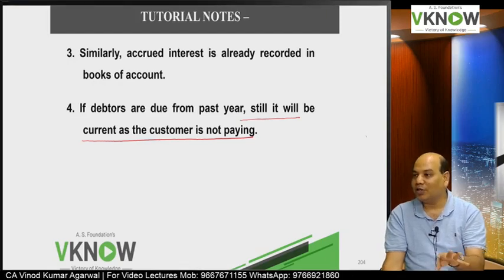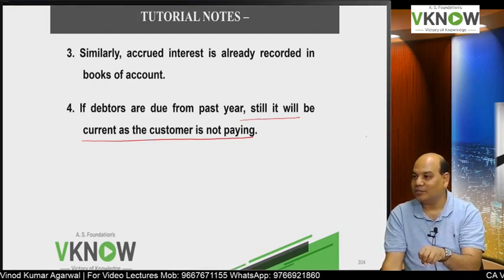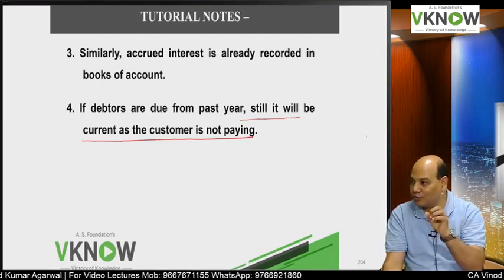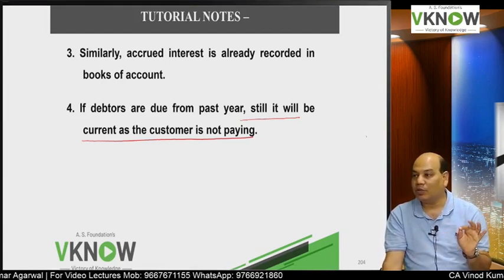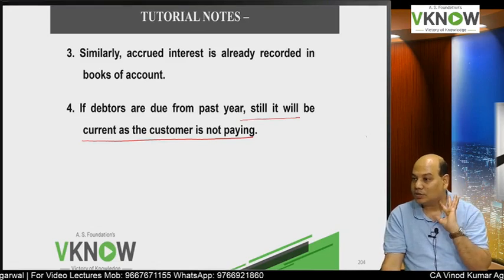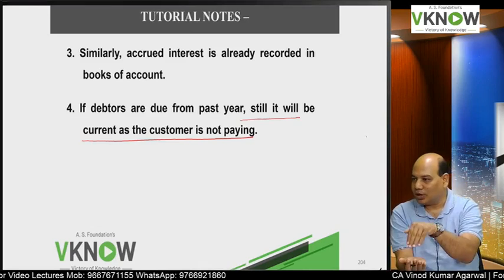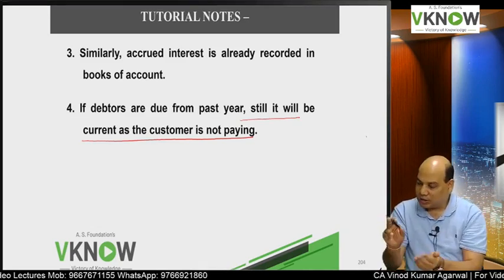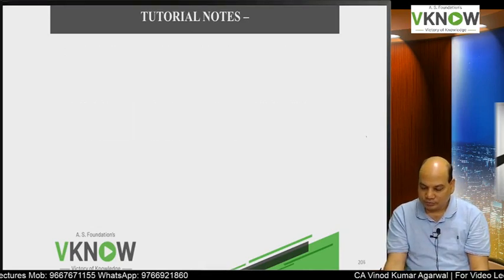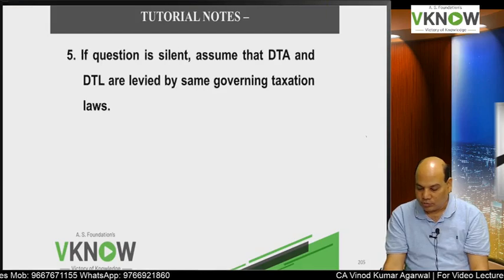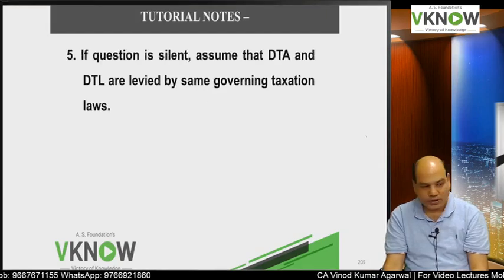But we are entitled to receive the amount at any time. So therefore it is still current. If we would have given him a credit of 3-4 years, then it will be non-current. He has to pay on a given date. He is not paying. It is current debtor. So such minute things you have to understand. Last point is already explained.